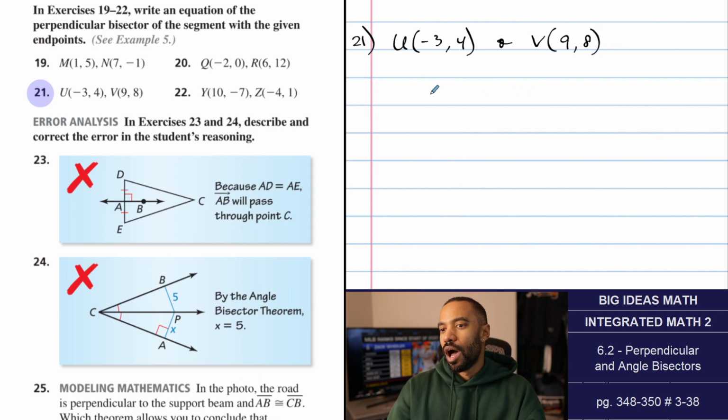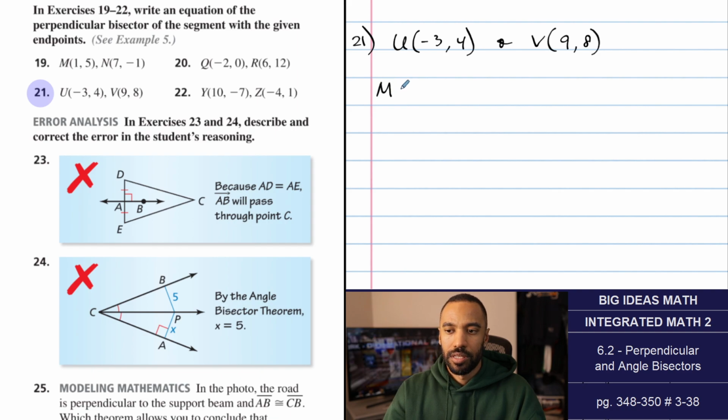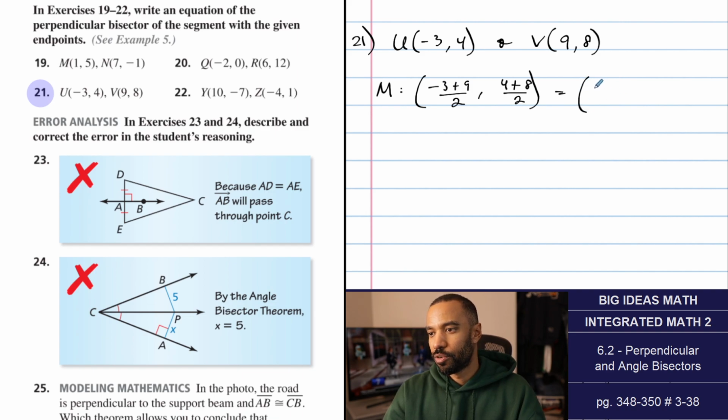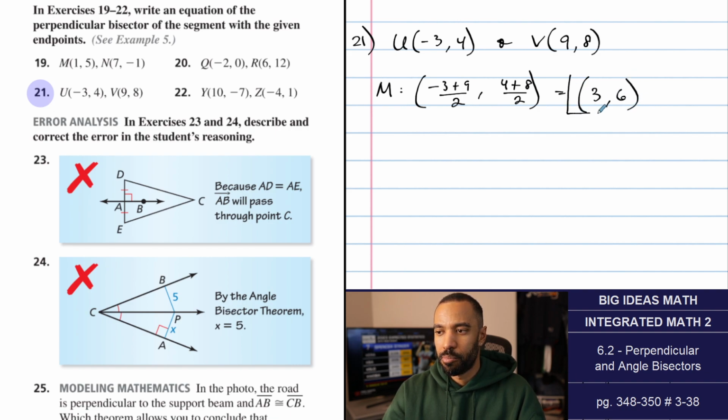Okay. We need to find the midpoint of these two points, which we do by averaging our x's and averaging our y's, like so. That'll get you 6 over 2, which is 3, and 12 over 2, which is 6. So your midpoint is at 3, 6.